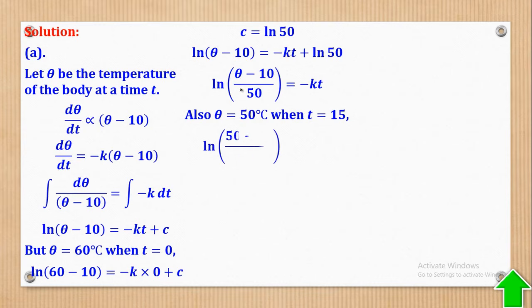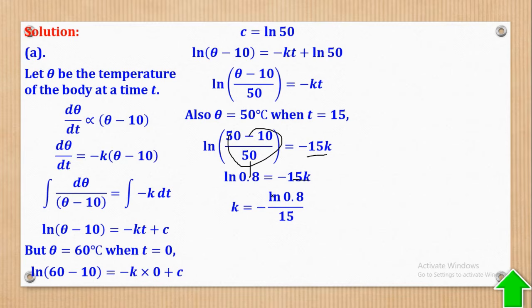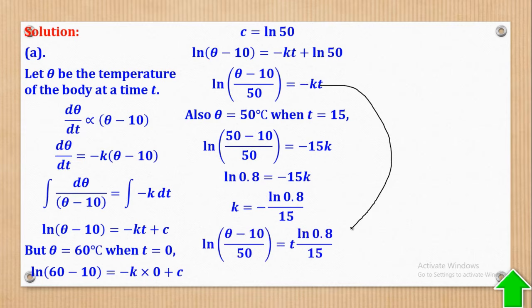So you substitute for theta and substitute for t to be able to get the value of k. So this one simplified is 0.8 and this one is the same as that. So when I make k the subject, k will be equal to that. So I'll also come back and substitute for k here.